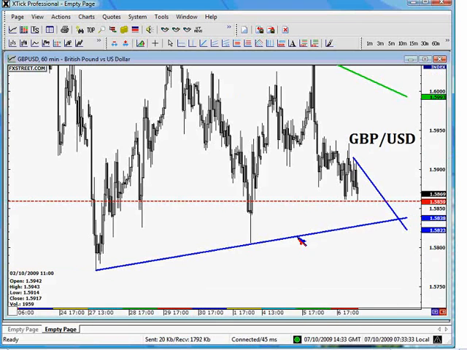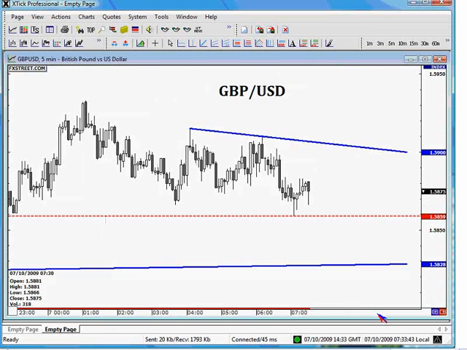If we fall below this previous low of 58.59 and break below that level, get to like 58.55, that could be a sell trade down to 58.28.